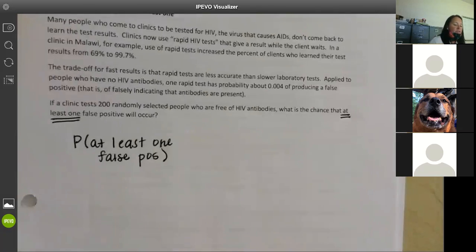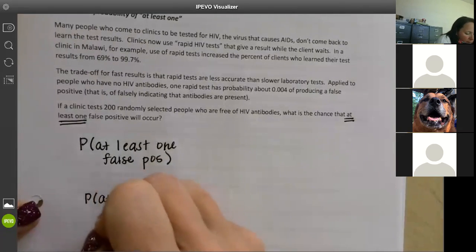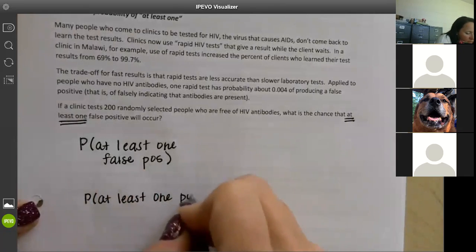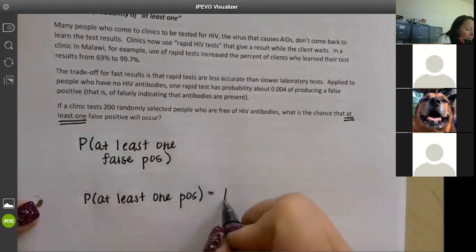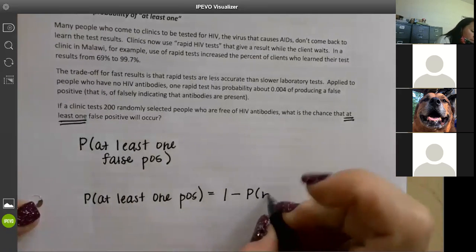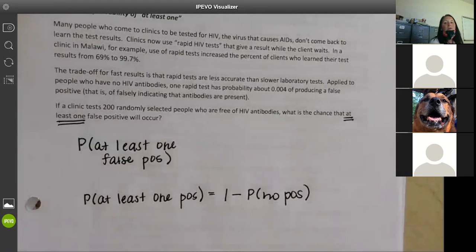Okay, so what we have to do first is find the probability that at least one is positive. And the way we do that is by the complement rule. Why do we have to use this?